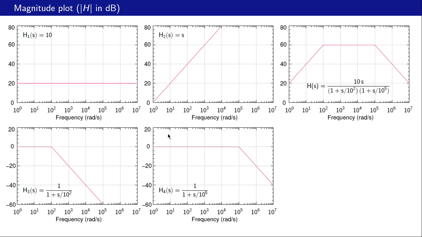So the net slope is 0, minus 20, plus 20, minus 20. That is a net slope of minus 20 dB per decade. So that is what we do. From this point, we draw a straight line with a slope of minus 20 dB per decade. And that completes our magnitude Bode plot.